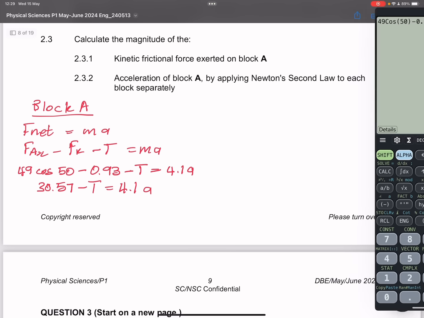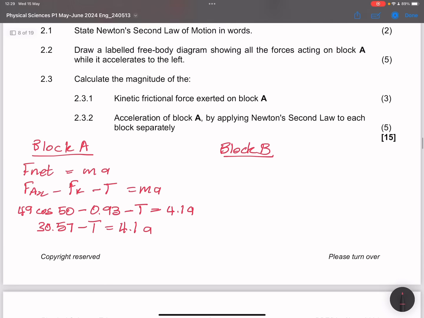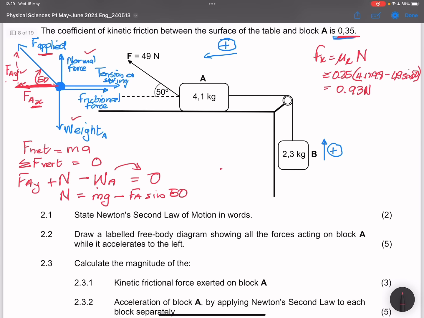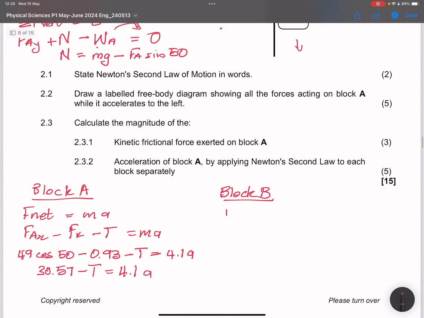Now let's go to block B. Remember we said block B was going upwards, and what's pulling block B? It's that tension, but we also have the weight of block B. So for block B, we're going to say tension minus the weight of B is equal to mB times a.